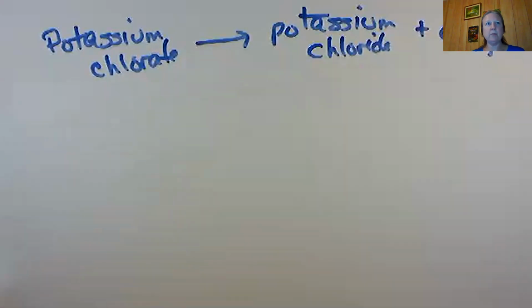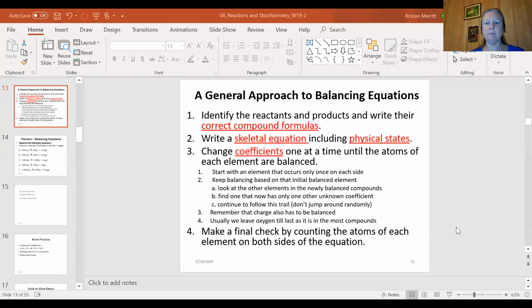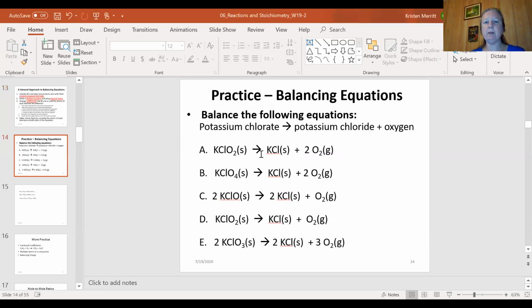So actually, I am going to go back to this slide because it's a multiple choice. All right, so potassium chlorate, potassium chloride. So the first thing is stop this and write down what you think the answer is.